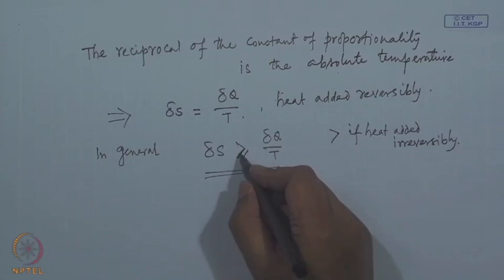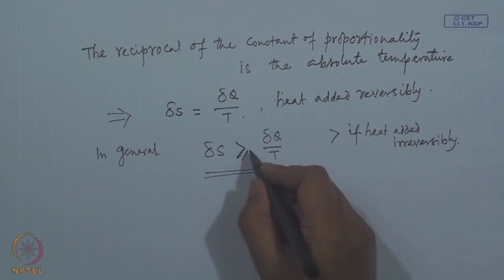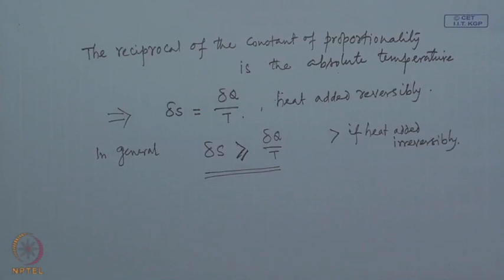Now, this also has another significance. It also implies that work can be converted completely to heat, but heat cannot be completely converted to work, or heat is a degraded form of energy.